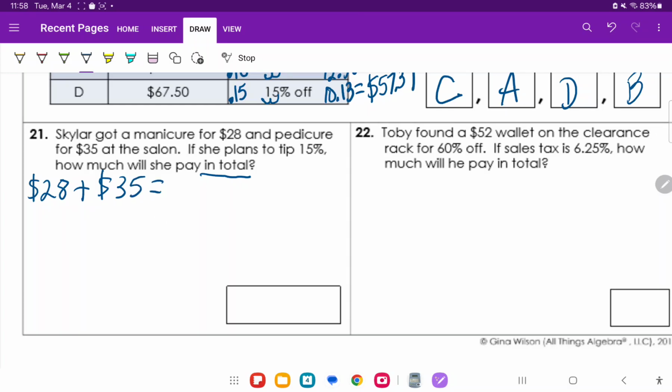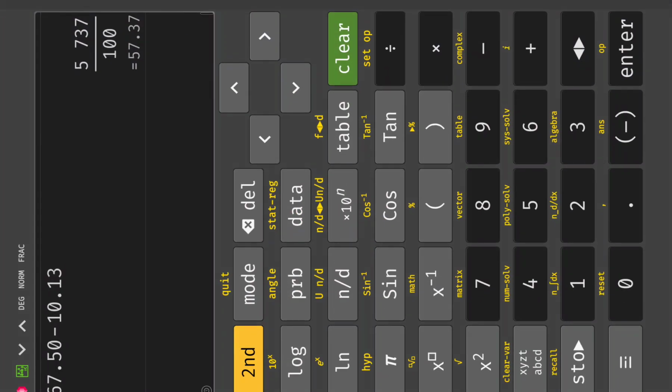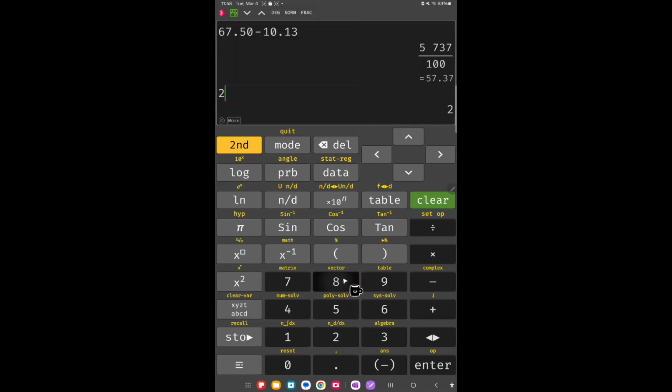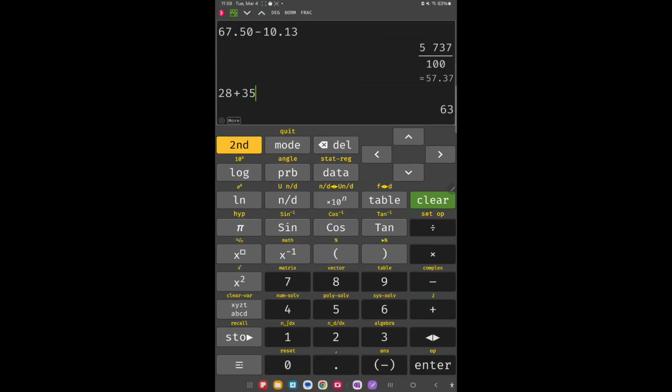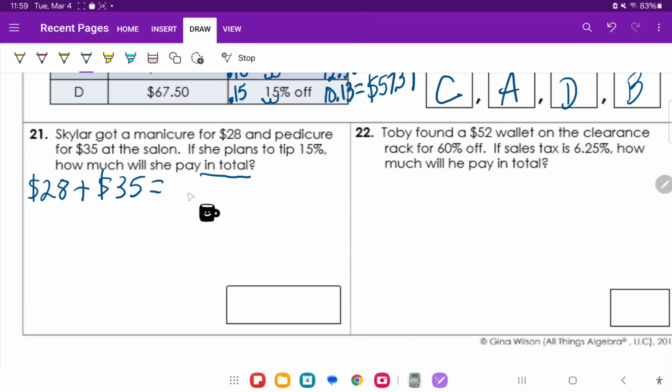So we're going to go 28 plus 35. That gives us 63. So that is $63 right there.